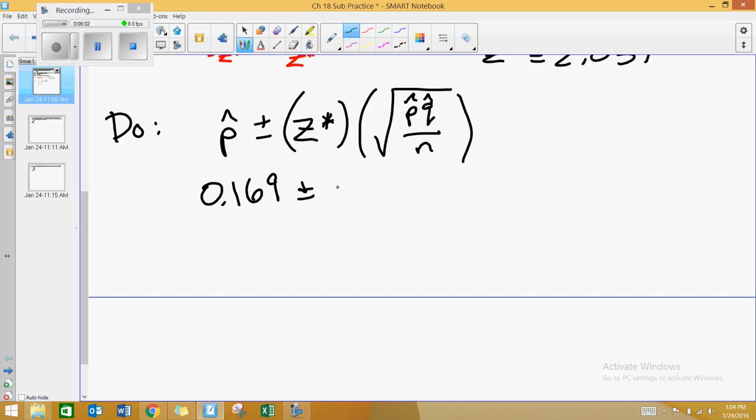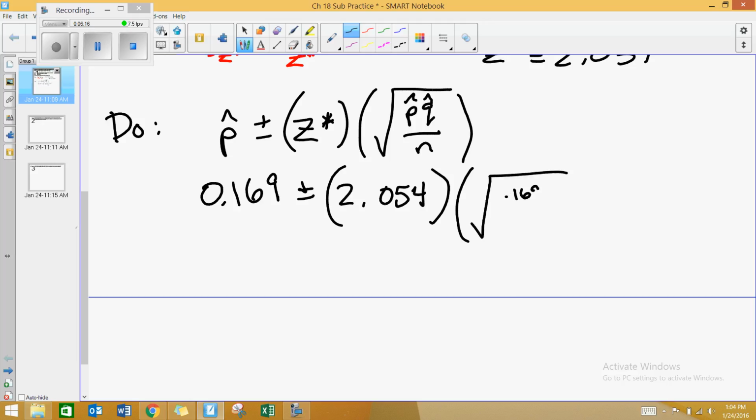The critical value is 2.054. Then our p hat, again, is 0.169. Q hat is 0.831. We talked about that in the state step. And then our sample size was 183 residents.